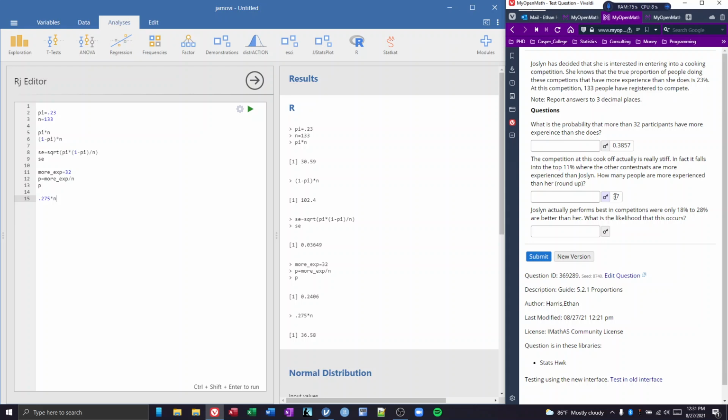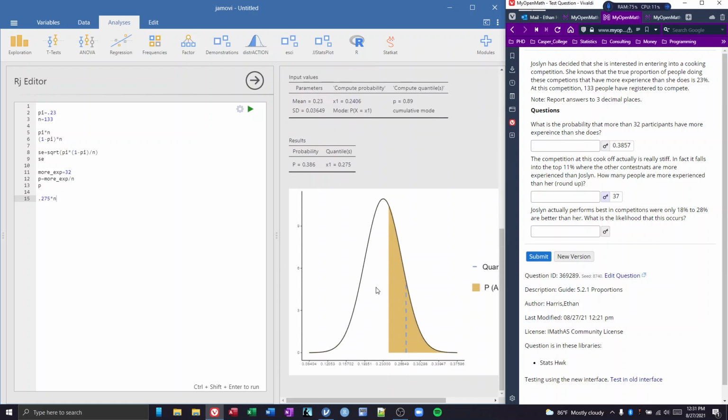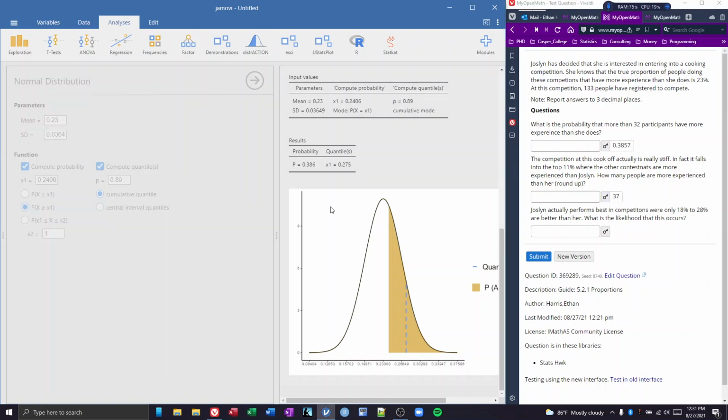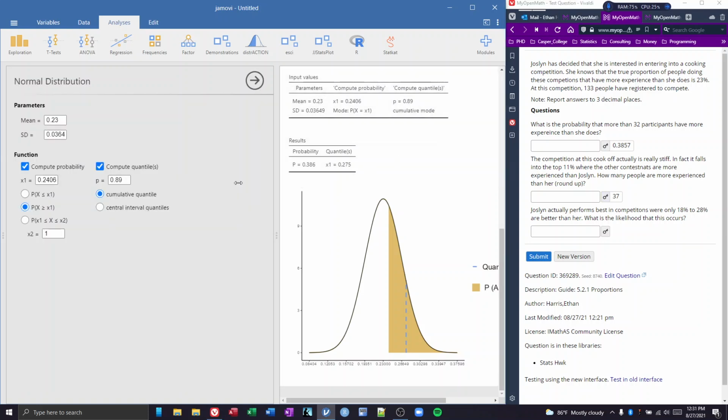Okay, let's finish this off. Jocelyn performs best in competitions where only 18 to 28% are better than her. What is the likelihood that this occurs? Let's go back down. Now we need to find the area between two values. Let's click on our normal distribution again, and we can figure out a probability between these two proportions.